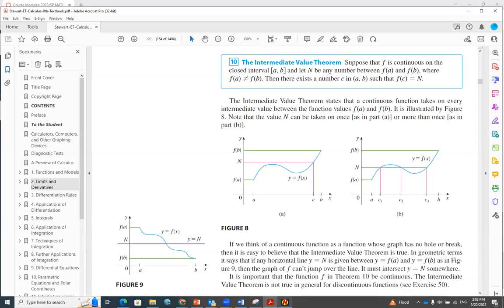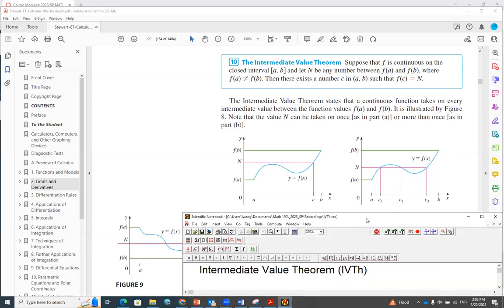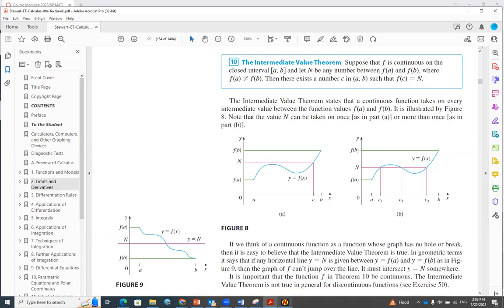For each theorem we study, we must be able to tell what conditions we need to check before we can apply the theorem. So the content of the theorem is that suppose f is continuous on a closed interval. The word closed, even though it's not strictly necessary, is important.